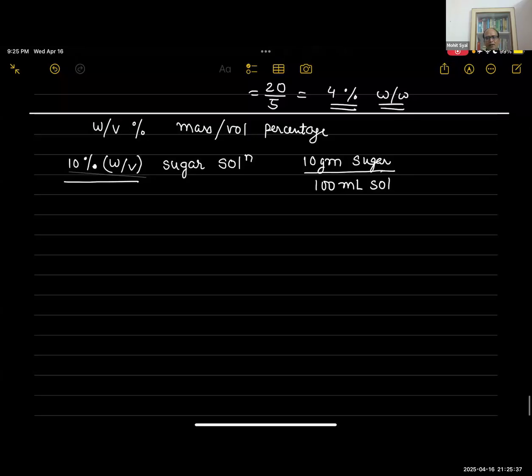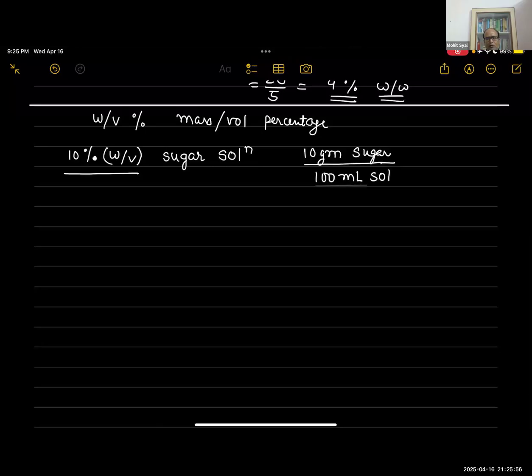And suppose somebody asks me how much is there in 200 ml, so just double it. Apply the unitary method. In 100 ml, you have 10 gram. In 1 ml, you have 10 by 100. So in x ml, you have this much sugar.